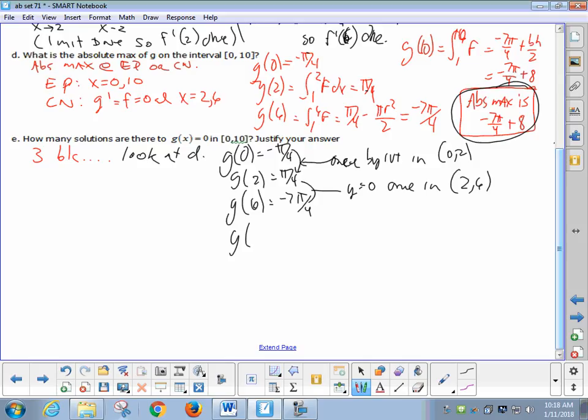And finally, G at 10 was something ugly, but definitely positive. And so surely G equals 0 once in 6 to 10. So the conclusion was it must pass through 0 3 times. And you could establish that by IVT and using the points you found in part B.